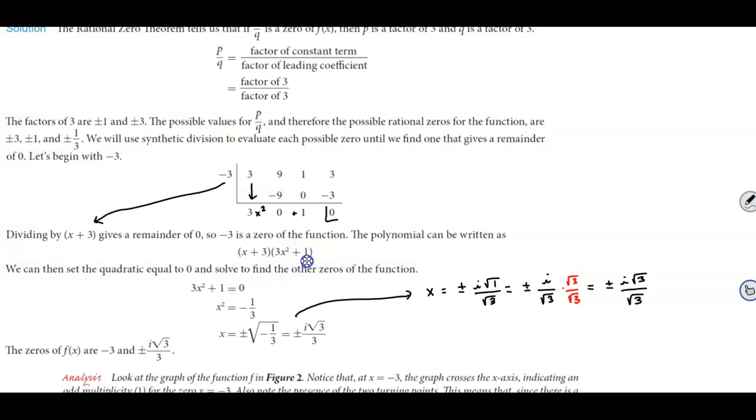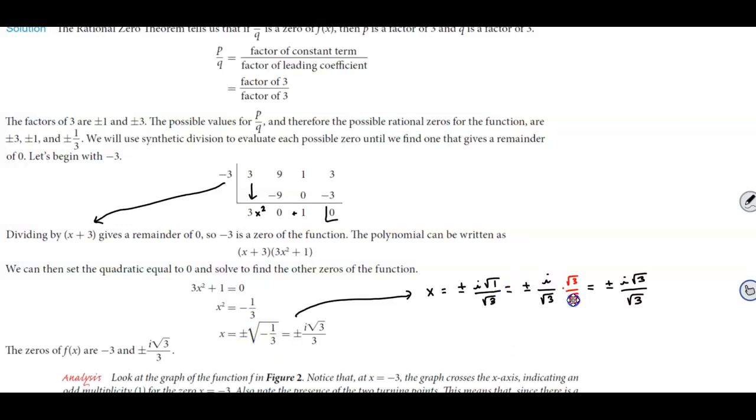It's non-factorable. So what we can do is set that quadratic equal to 0 and then solve for x. So if we subtract 1 from both sides and divide by 3, we have x squared equal to negative 1 over 3. And then over here, we're going to get x equal to plus or minus the square root of negative 1/3.